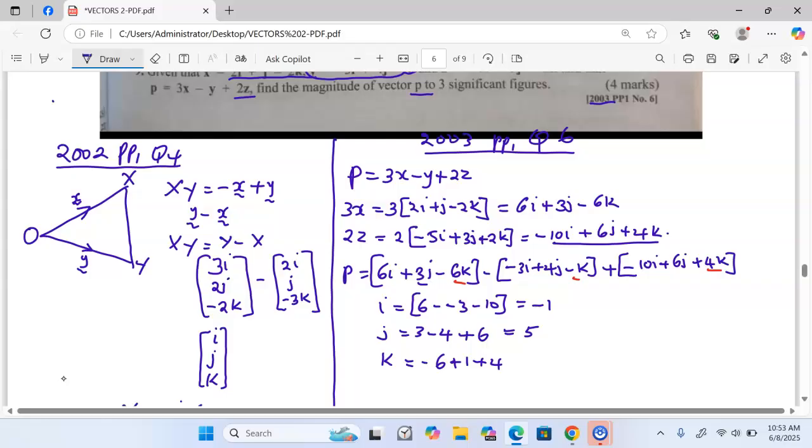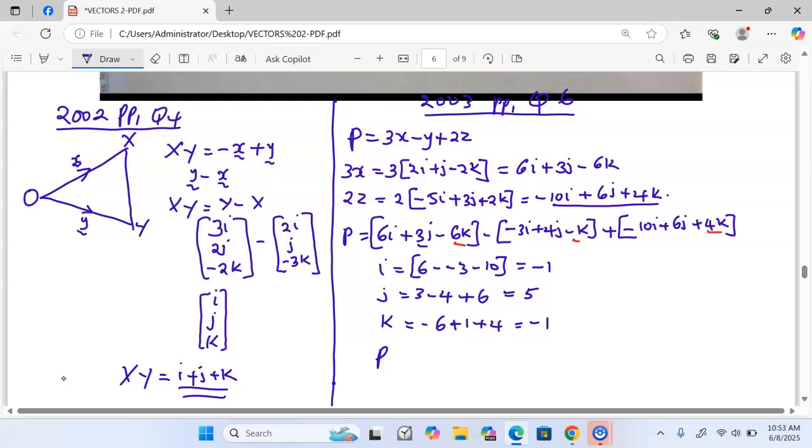And this one is going to give us negative 6 plus 5, which will give us negative 1. That means p is going to be equal to i because of the coefficient of i, plus 5j because the coefficient of j is 5, then minus k since the coefficient of k is negative 1.